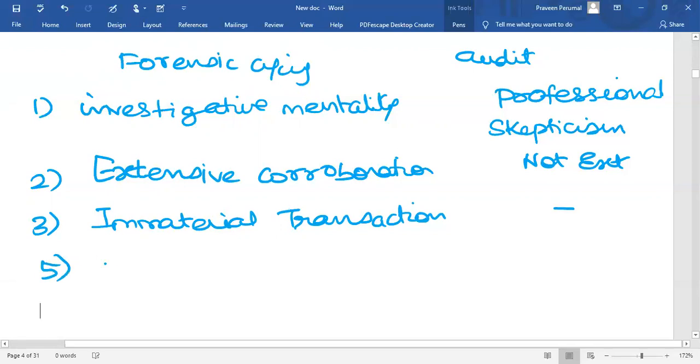Next, forensic accountant would be looking for indications of fraud that are not subject to the scope of audit. So, there are some frauds which are not covered under audit. So, forensic accountant will look for fraud that is not subject to the scope of the financial statement audit.